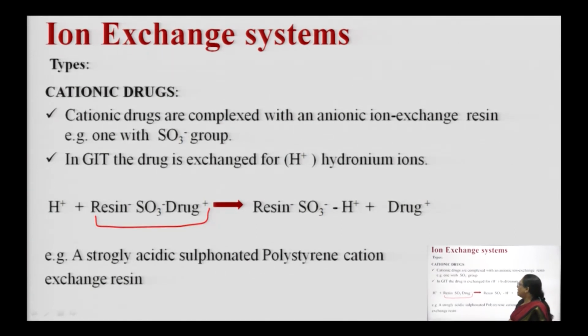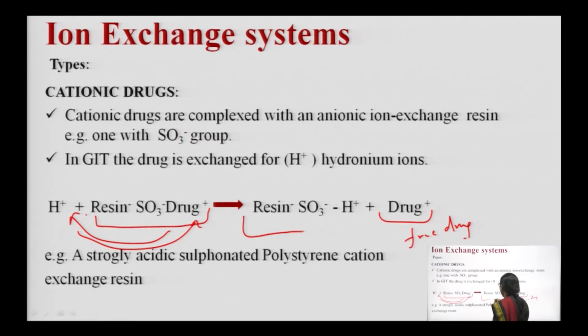Now, this drug cation is exchanged in the GIT for the H plus ions present there, such that the free drug is released and H plus ions are complexed with the resin instead of the drug.